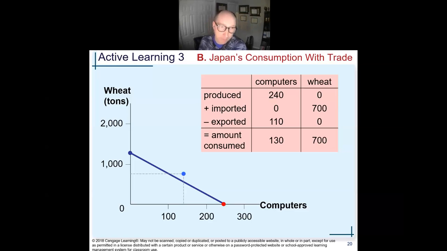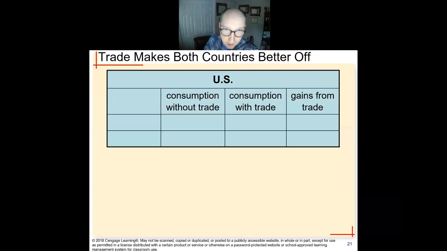That tells us that the amount of computers consumed in Japan was 130, and the amount of wheat consumed was 700. Now you see, and I can already hear you, Dr. B, that's above the maximum production. Well, yeah, because in order to attain above capacity or above maximum efficiency, we need to import. So in other words, if I can't make enough computers here, I'm going to import the rest.